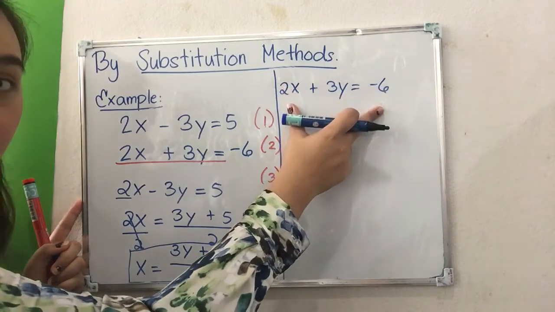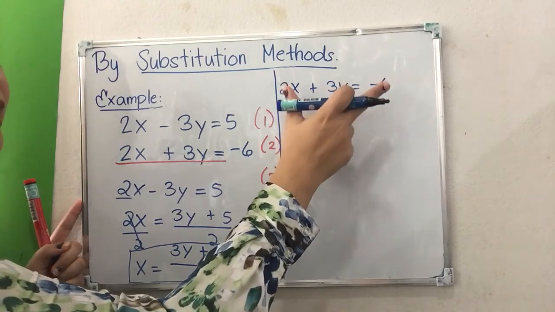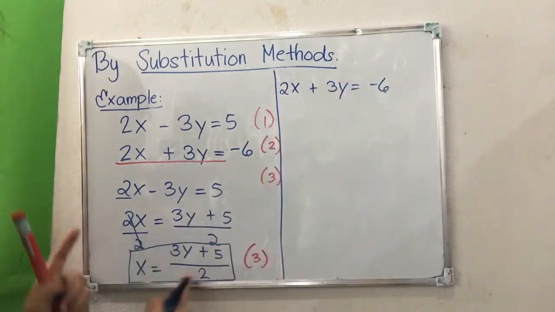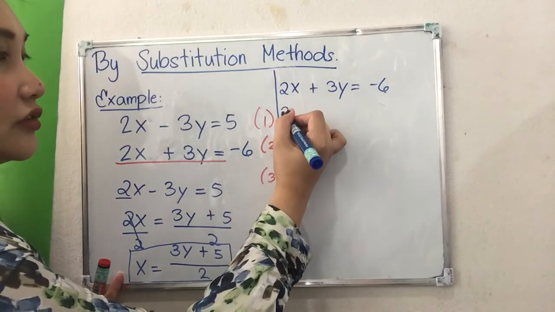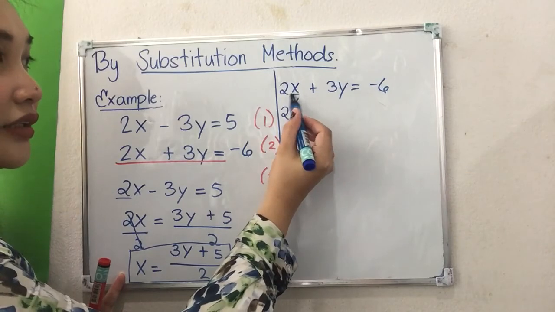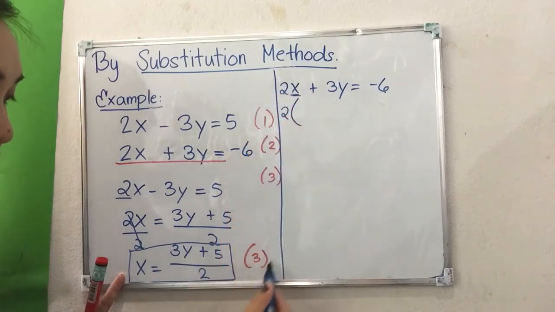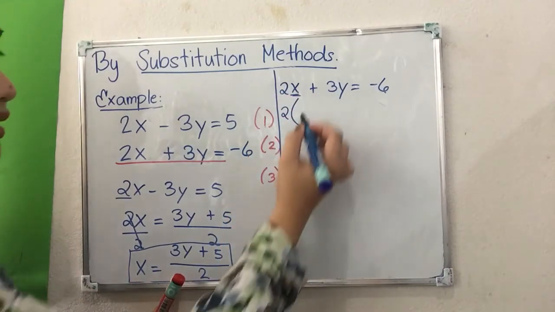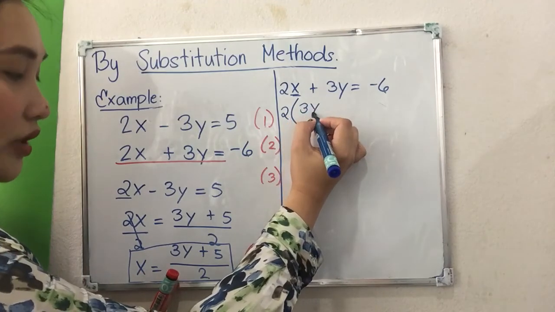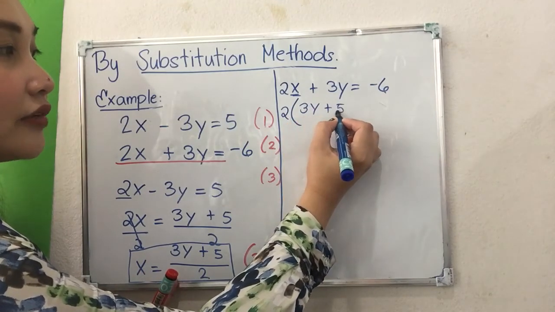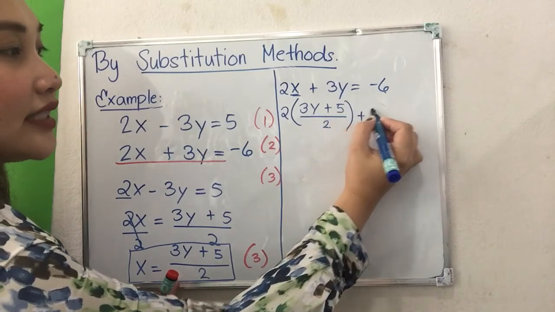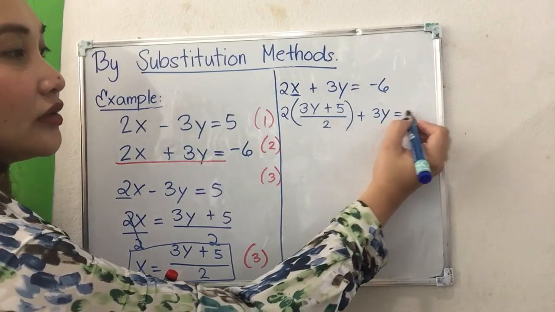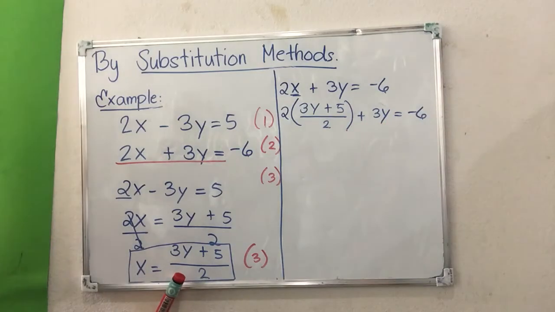So this is equation 2, right? Now we are going to substitute the value of x from our equation 3. So we have 2, and the value of x is 3y plus 5 over 2, plus 3y is equal to negative 6.